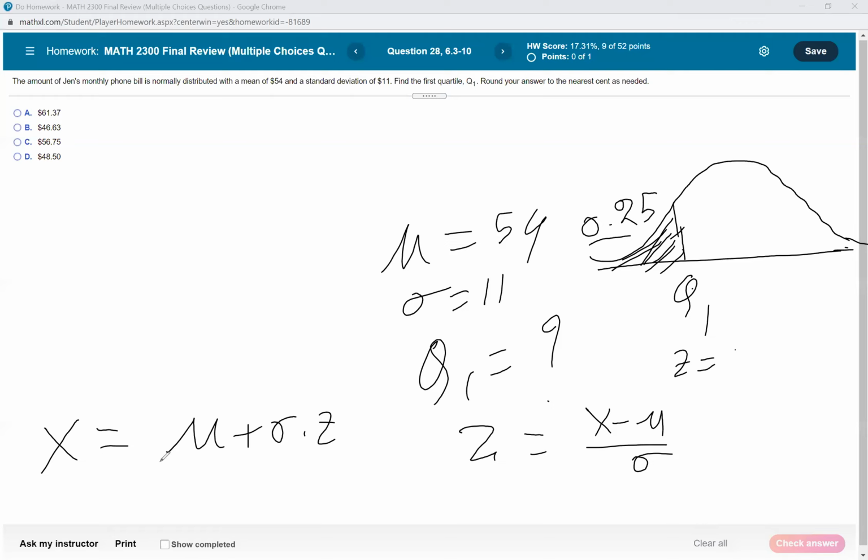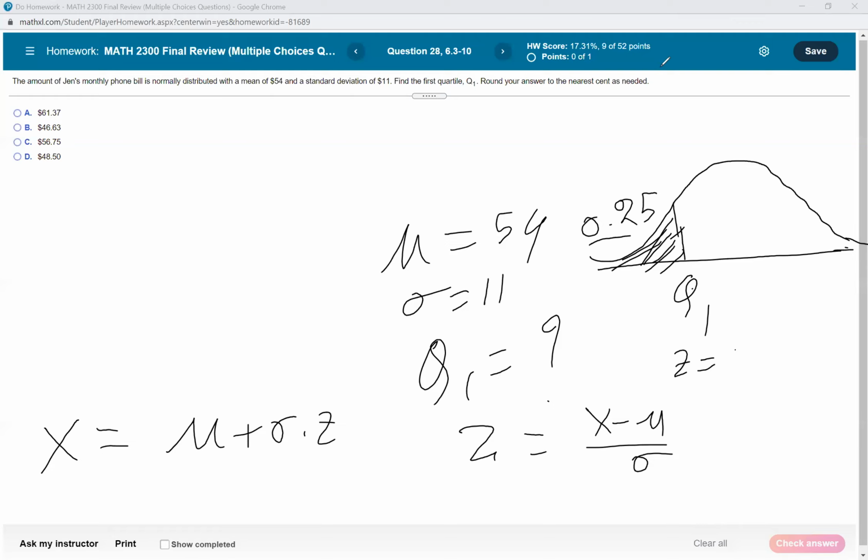Then you will use this formula, x equals mu plus sigma times z, to find the value of Q1. So you should find it, okay?